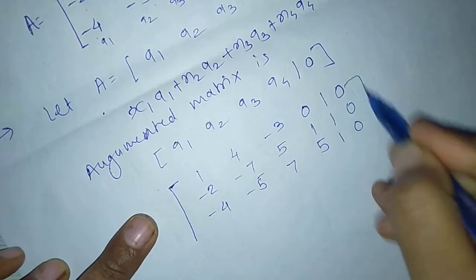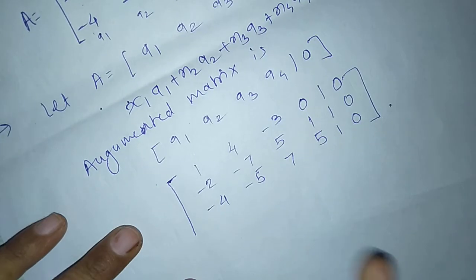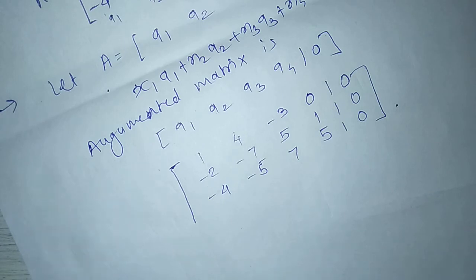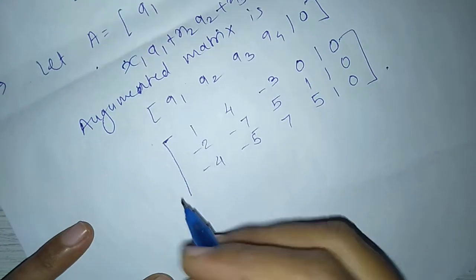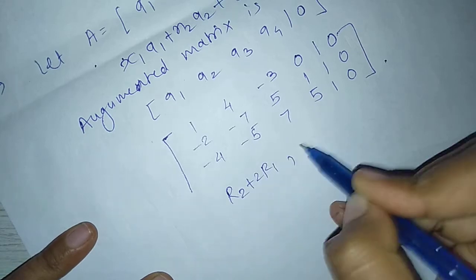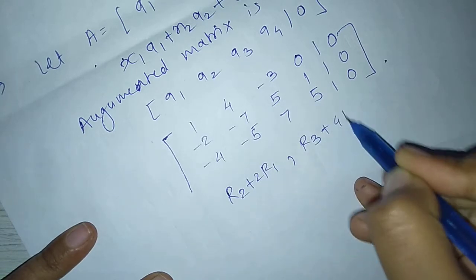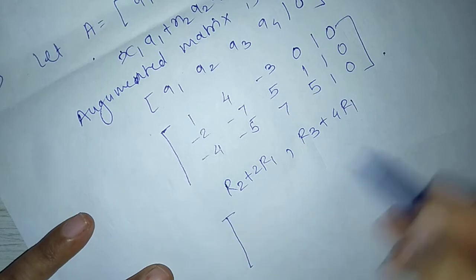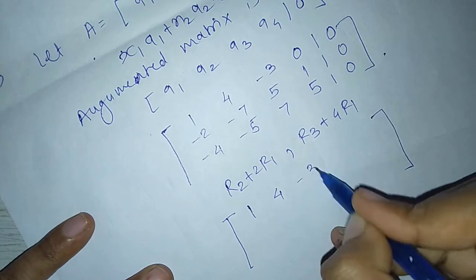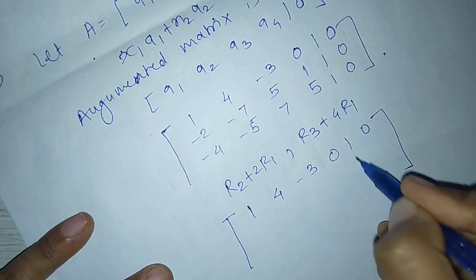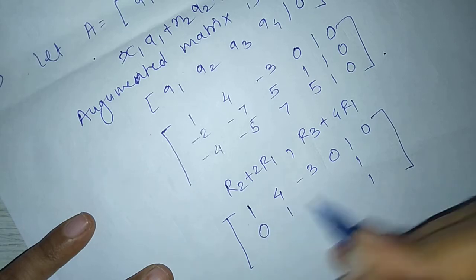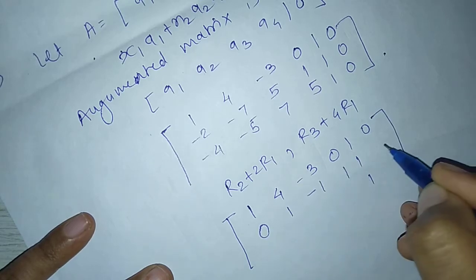0, 0, 0. Now convert it into row echelon form by applying suitable row operations. First row operations: R2 plus 2R1, R3 plus 4R1. The matrix becomes: first row as it is, 1, 4, minus 3, 0. Second row becomes 0, 1, minus 1, 1, 0.